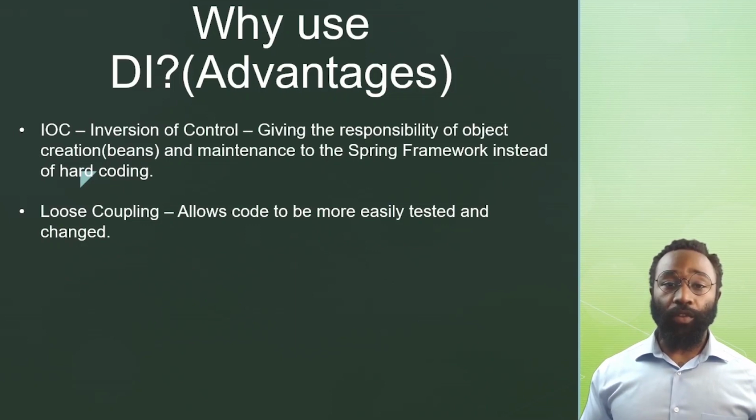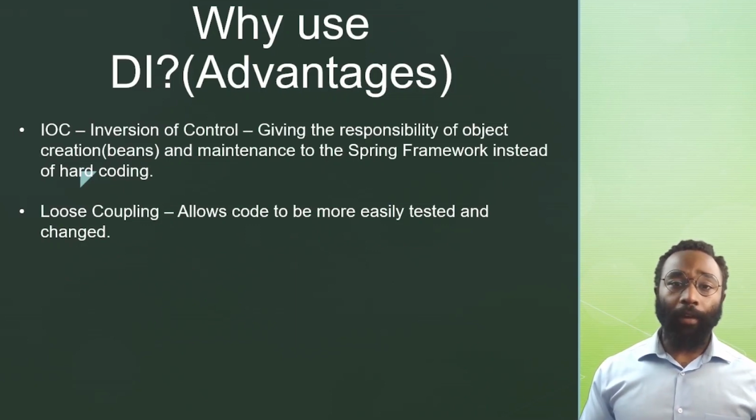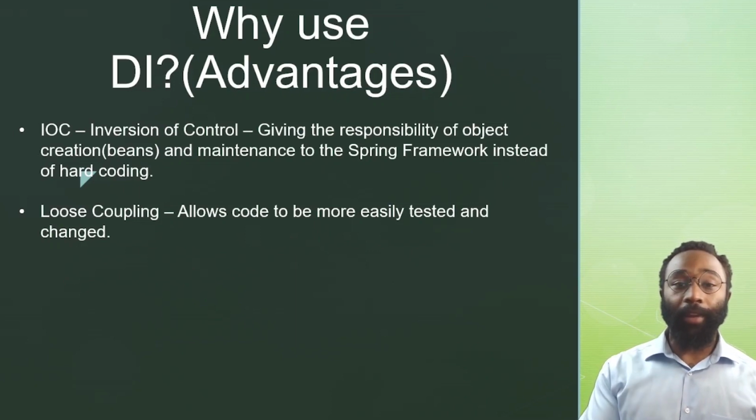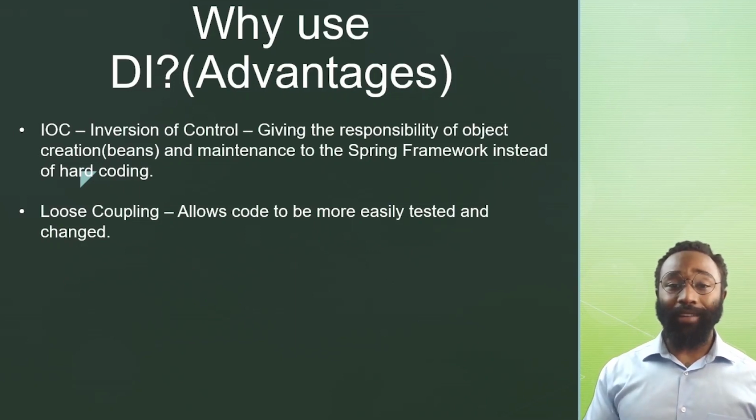So we're going to make sure this is loosely coupled. We can swap it out very easily, and we can make sure that it's more easily tested also, because we don't have this cluster of objects that are being tested together. We can break them down and write tests to make sure that each one is functioning as intended.